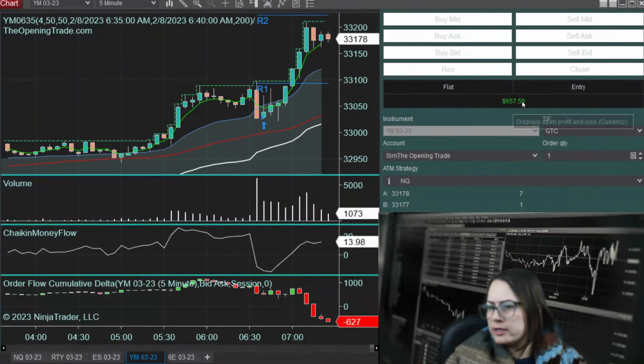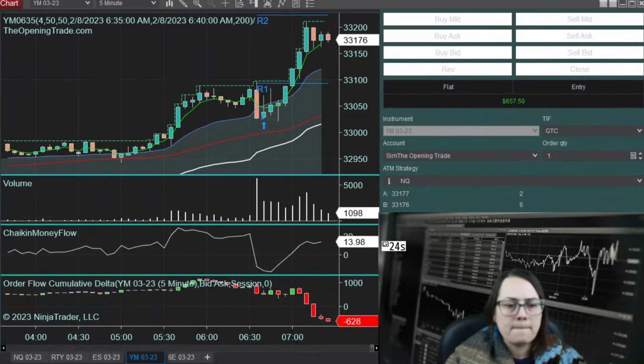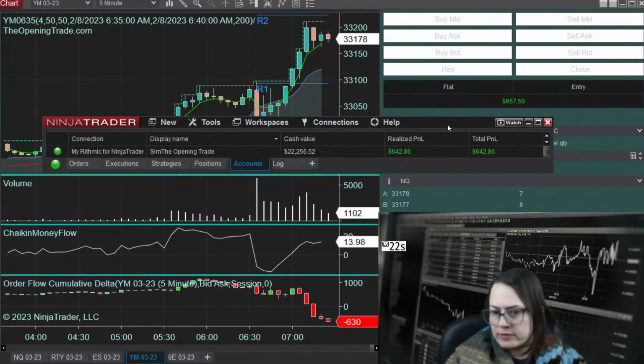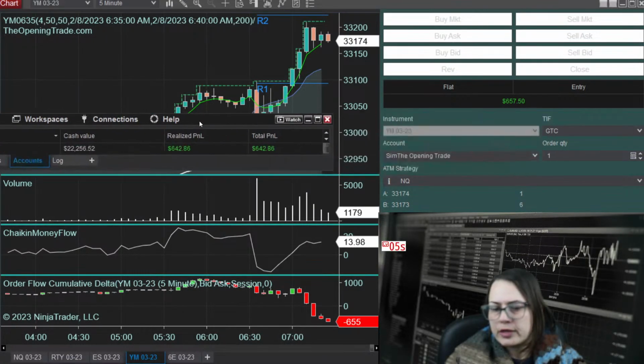So we won overall today 657.50. But remember, fees always have to be paid. So after our fees, we're looking at a gain of $642.86. And then you see that our cash value is reflecting that now.